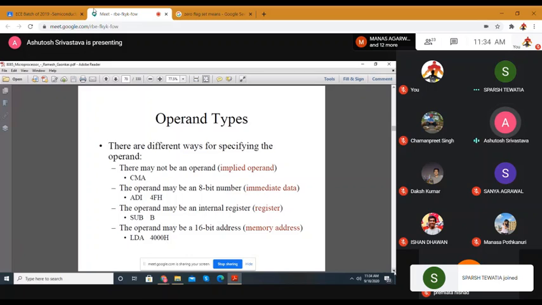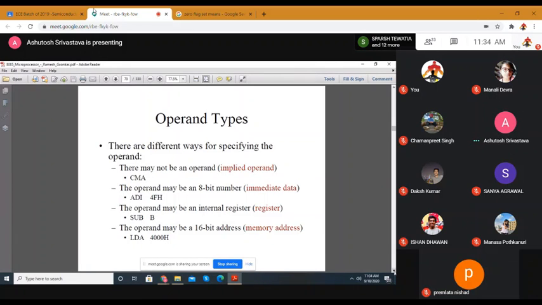So the first statement, as you can see, CMA, which is what? It's a compare statement. So here there is not exactly any type of operand. So it is a kind of an implied operand.